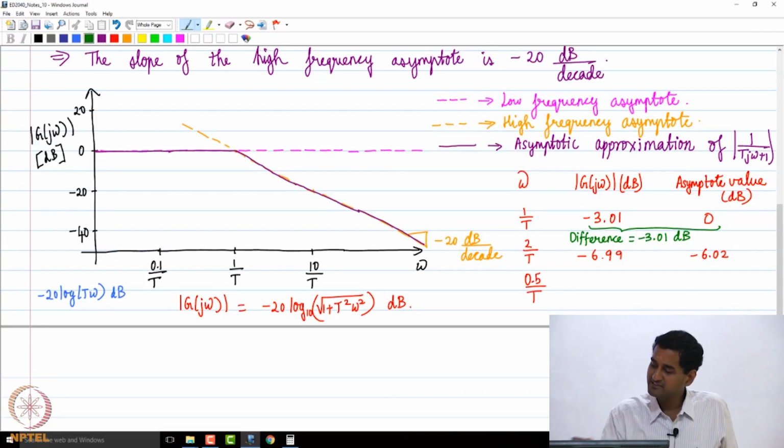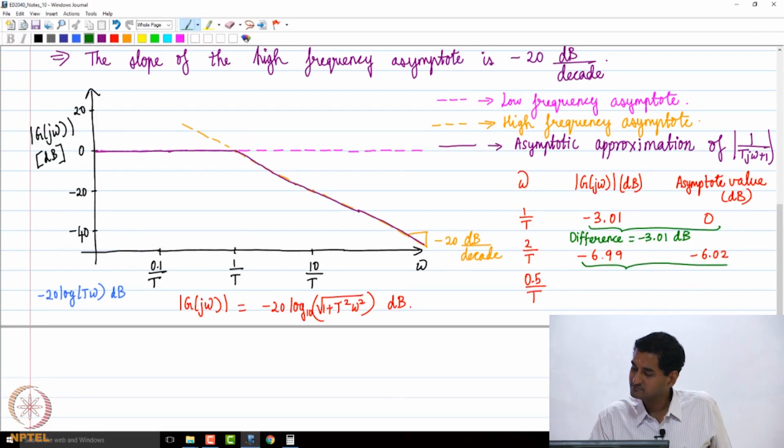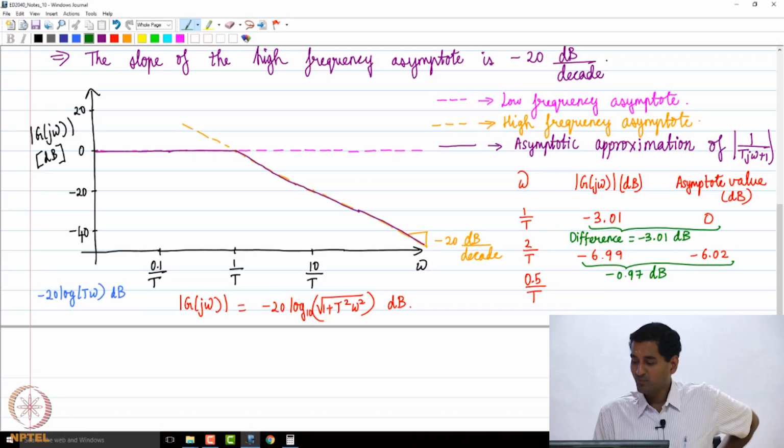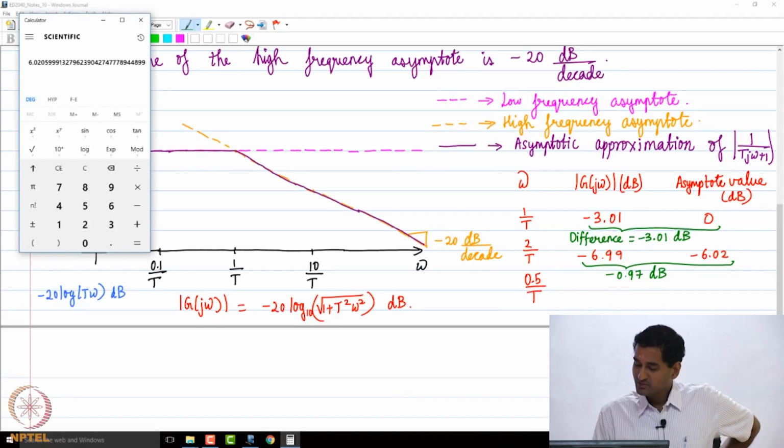So what do you think is the difference between the two? It is going to be 0.97 decibels. Now can you calculate what happens to the actual value at 0.5 by T? If you plug in that equation, T squared omega squared is going to be 0.25.